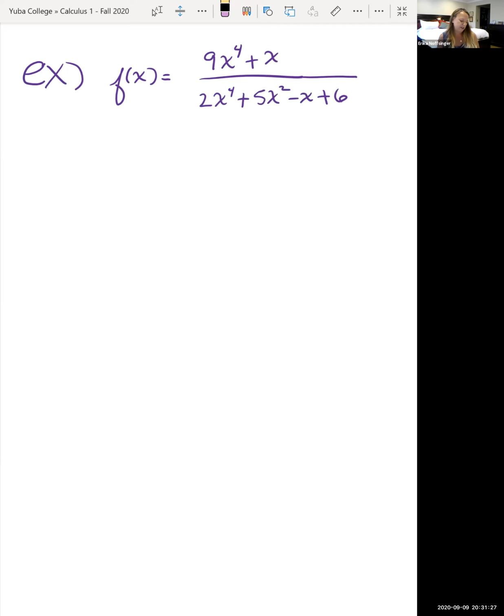Okay, so find the limit of each of the rational functions, a as x goes to infinity and b as x is going to negative infinity.